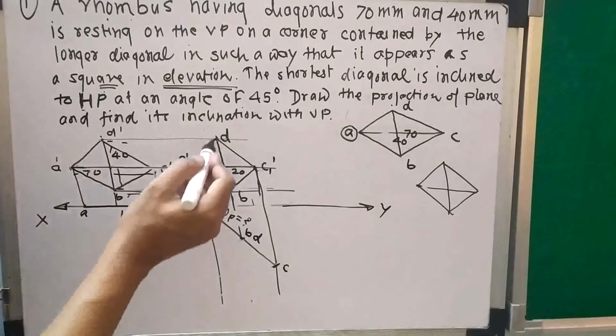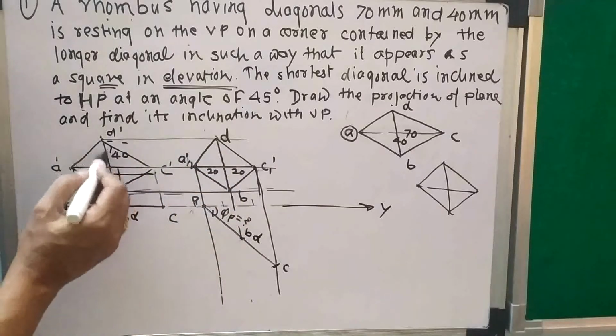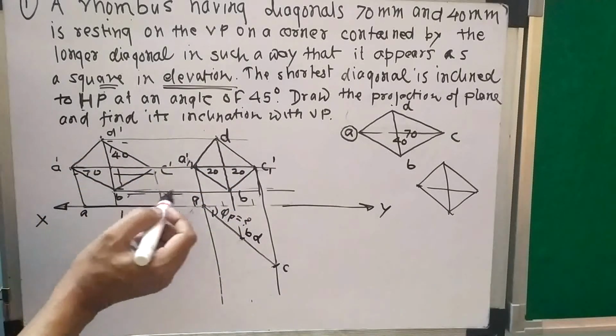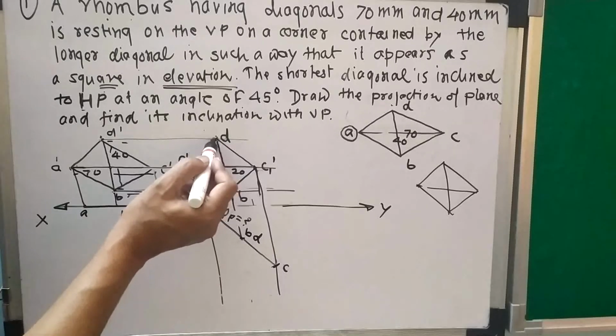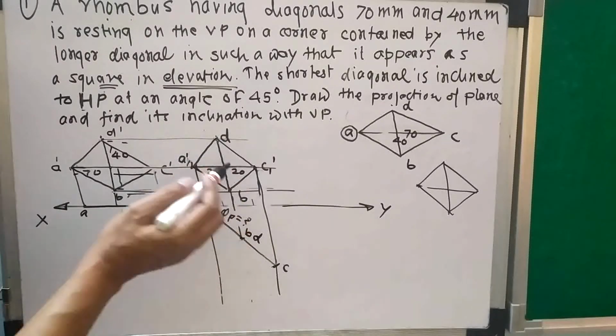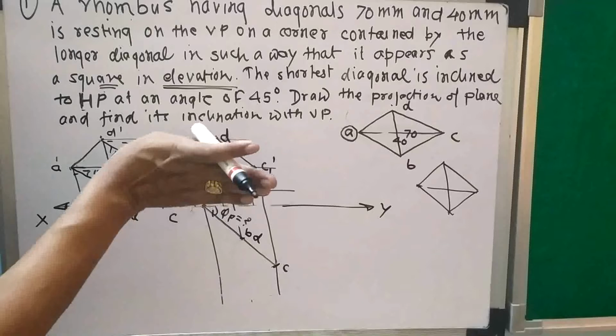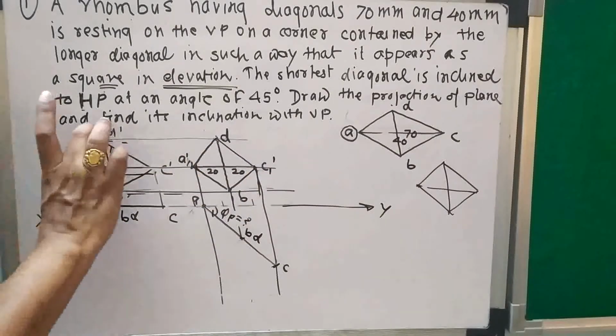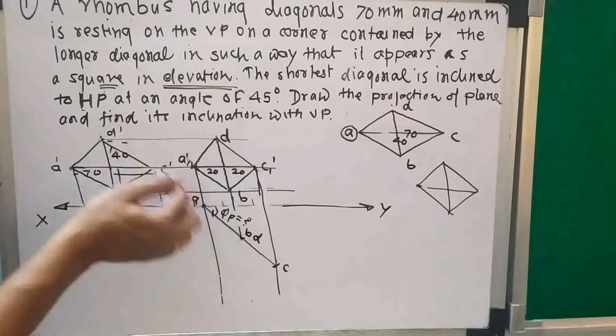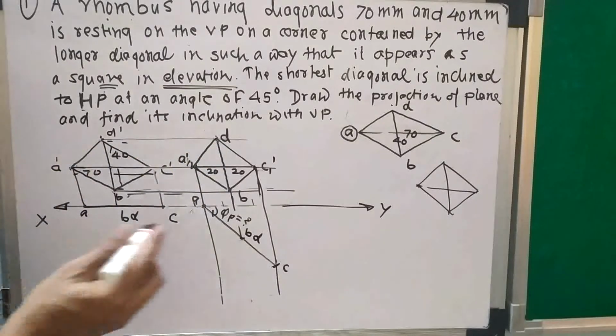So this is the shortest diagonal and this is the shortest diagonal. This is the original shortest diagonal, and in the top view, in the elevation also it is remaining same, BD, because when you turn the surface inclined to VP, this BD comes parallel to the VP, so it never changes its length.